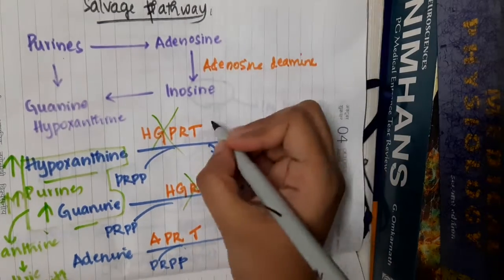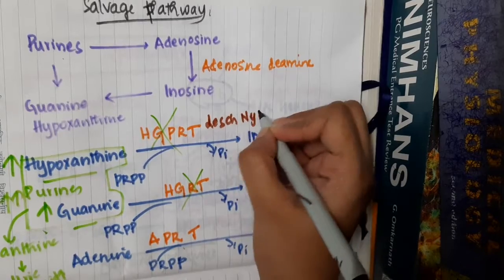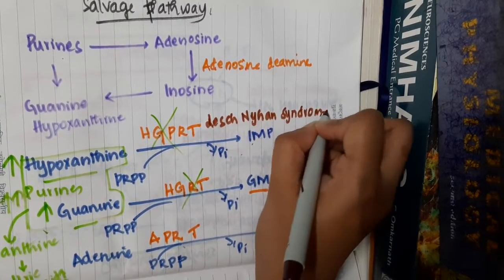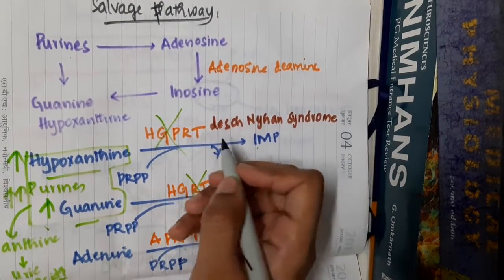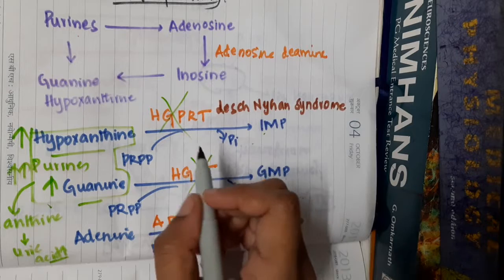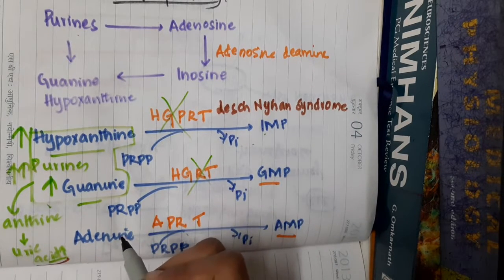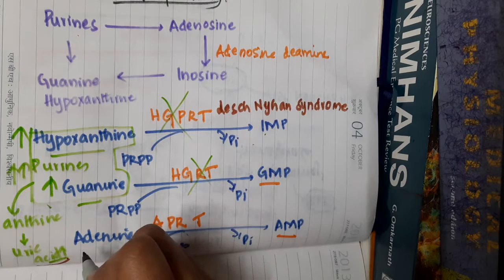This HGPRT deficiency is given a name called Lesch-Nyhan syndrome. So in Lesch-Nyhan syndrome, there is deficiency of the enzyme hypoxanthine guanine phosphoribosyl transferase, and because of this deficiency, there is increased uric acid. Here the patient presents with hyperuricemia, that is increased uric acid.